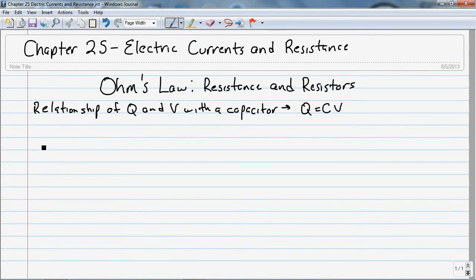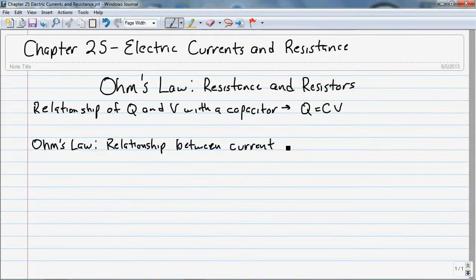Well, there's another relationship called Ohm's law that deals with the relationship between current and potential.